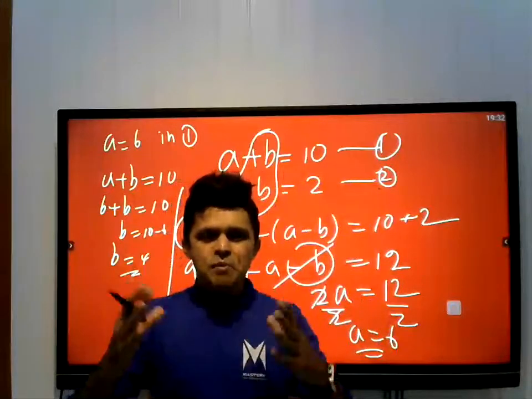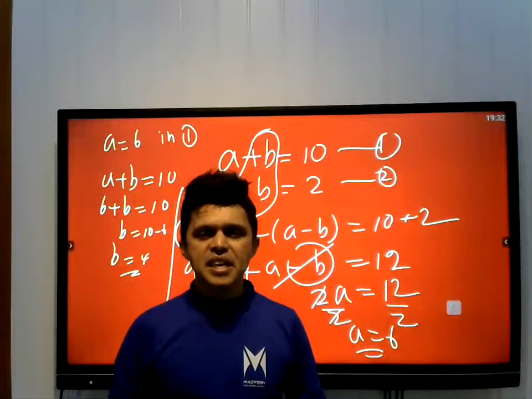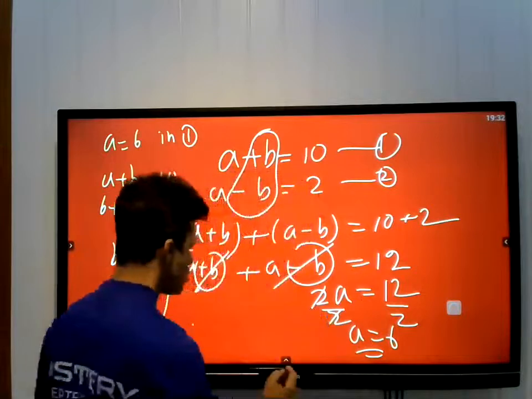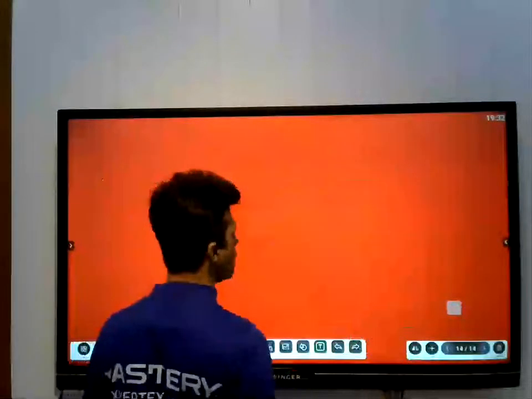Okay, so this is the basic idea of simultaneous equations. Anyway, how can you do this type of one?